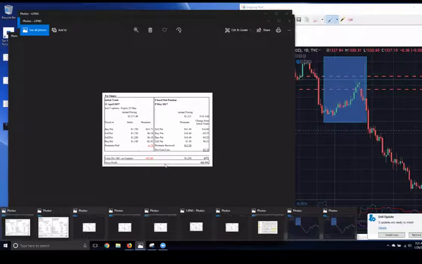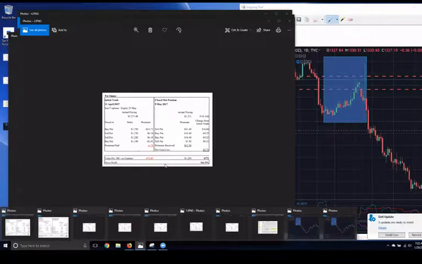Selling that put butterfly a month later and making 161%. Now, the pros of options I've gone through. Your risk is limited. You can sleep at night. And if you understand the nuances of things like skew and these hidden kickers that can add to your returns, you can make a lot of money.